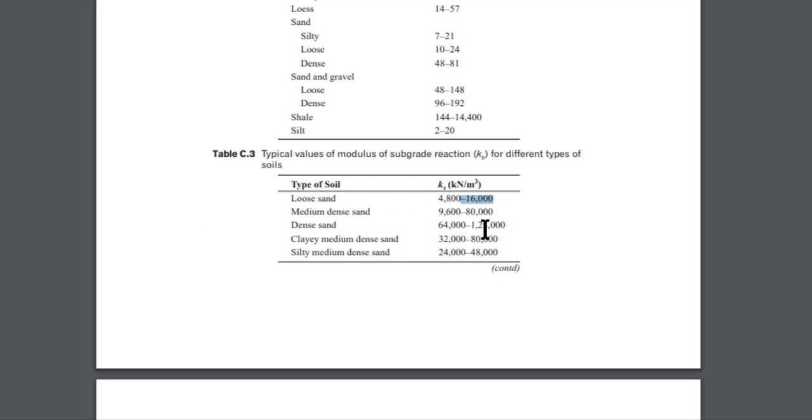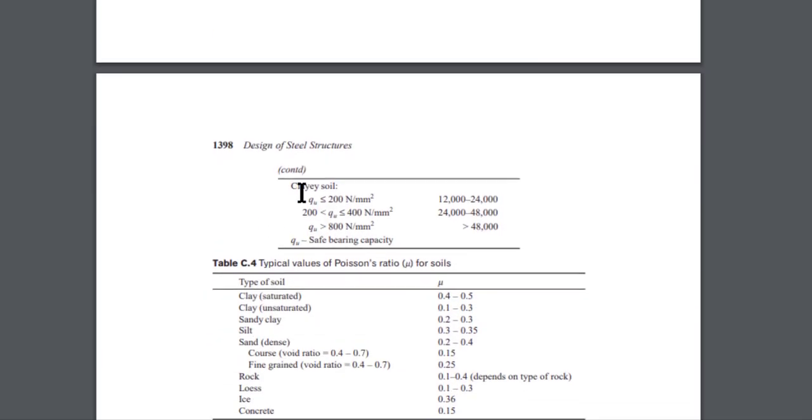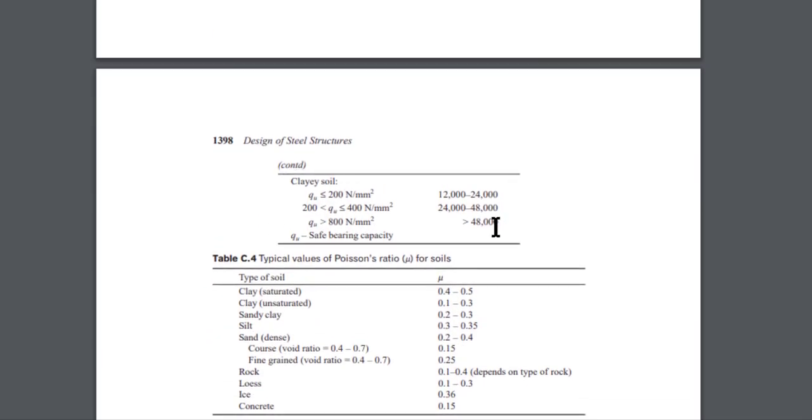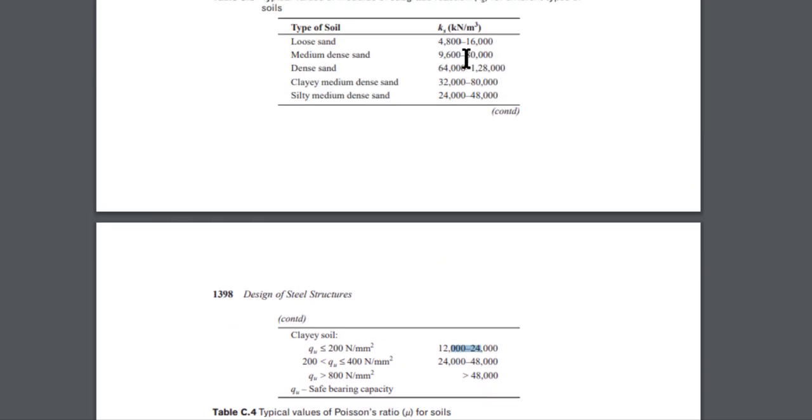Dense sand up to 128,000, clays anything up to 80,000 for clay sands, and then when you get into pure clays, you're looking at your bearing capacity. So in reality 20,000 is not an unrealistic choice of subgrade modulus.